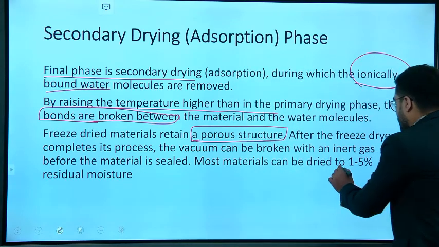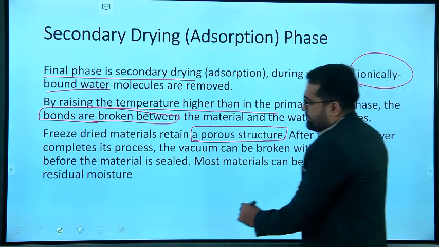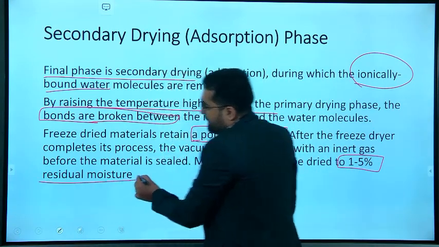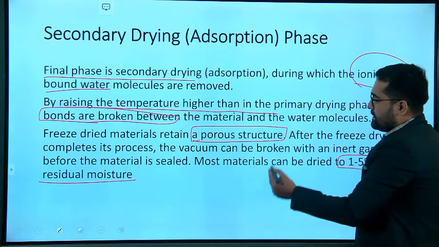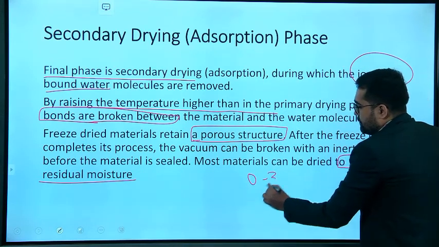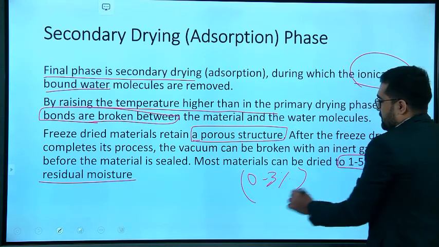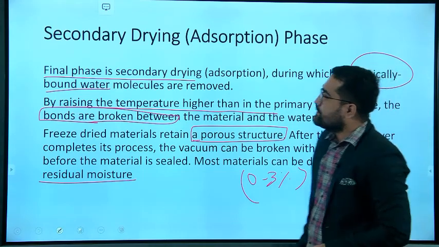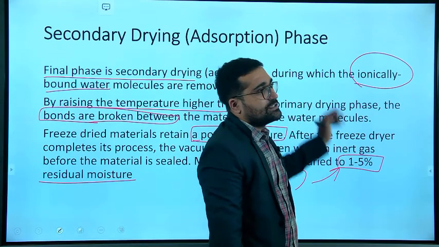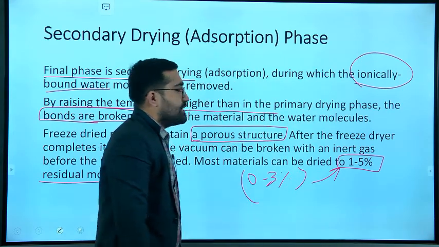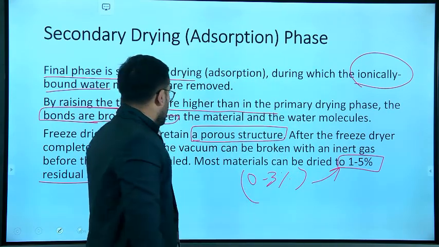The moisture content we achieve after completion of this stage is 1 to 5%. Generally it is 0 to 3%, but okay, it is written 1 to 5%, so that can also be considered. So the final moisture content after the secondary stage of drying will be 1 to 5%, the remaining moisture content.